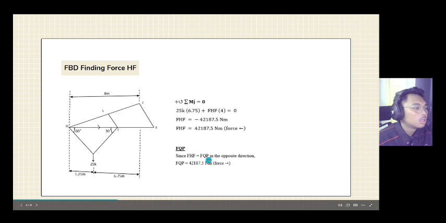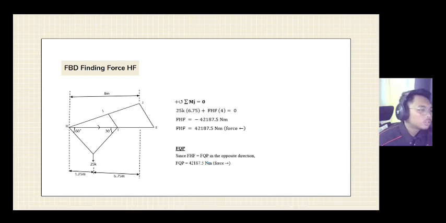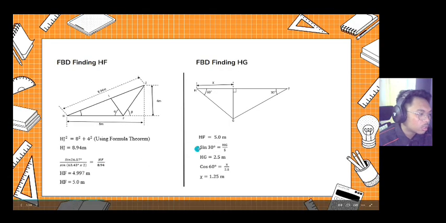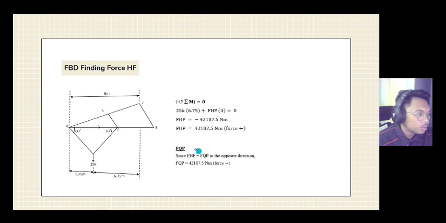So next, this is a free body diagram to find the force for HF. So we got the HF, we got the HG, and we want to know force HF. So the counterclockwise moment at J is 1. So we calculate that.